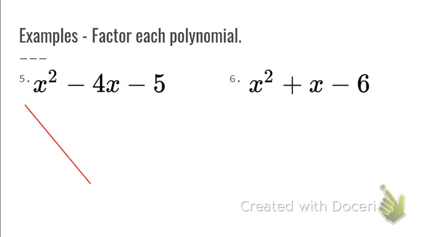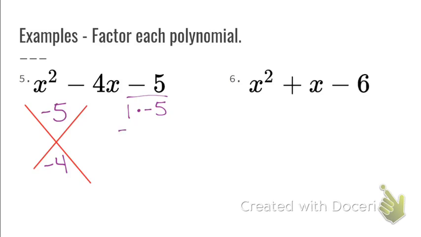On number 5, we are trying to multiply to negative 5 and add up to negative 4. Again, if our middle coefficient is negative, our bigger factor is negative. So 1 times negative 5 is really our only option.